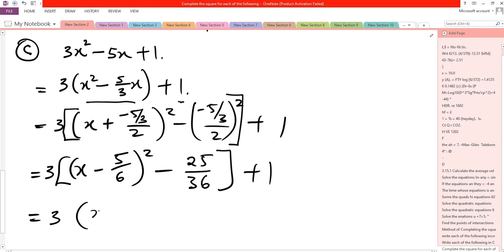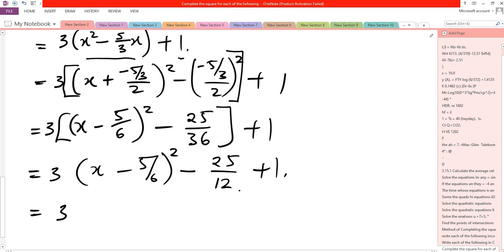I'm making a mistake in squaring, so you have 3 times x minus 5 over 6 all squared, minus 25 divided by 12, because 3 divided by 36 will give us 12, plus 1.